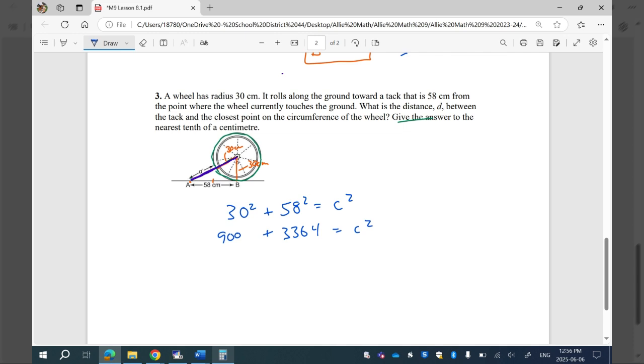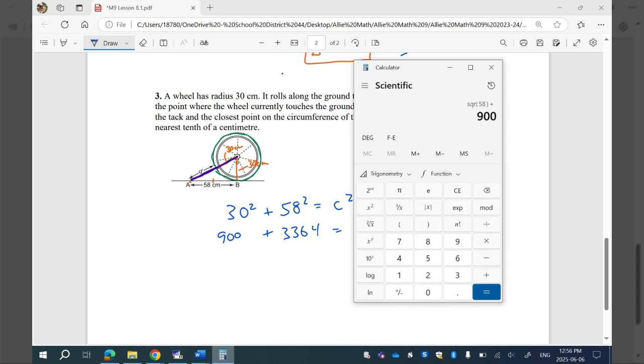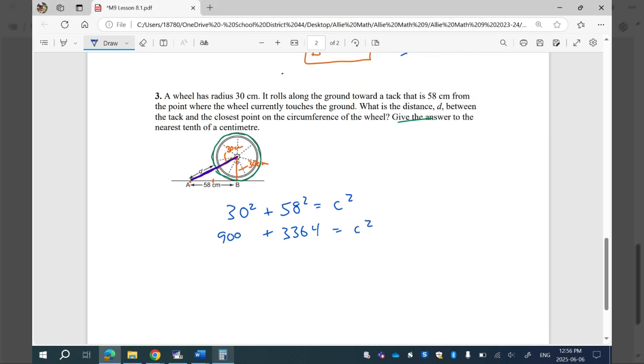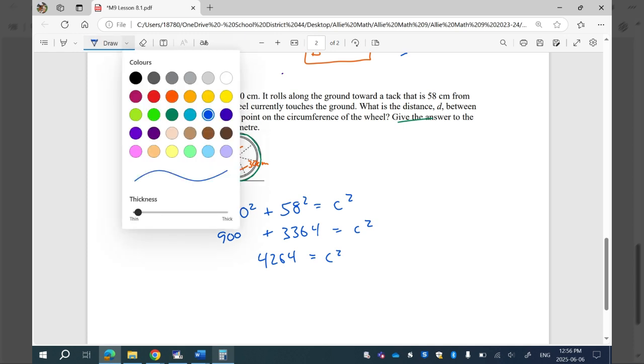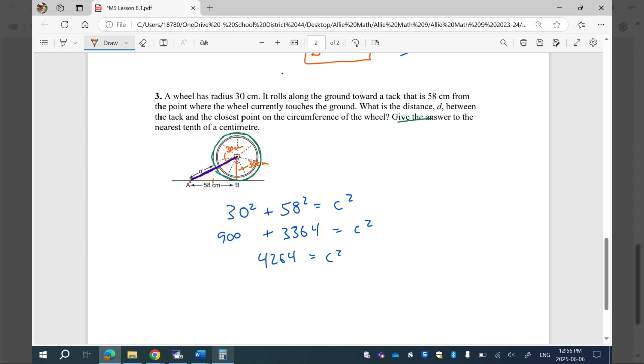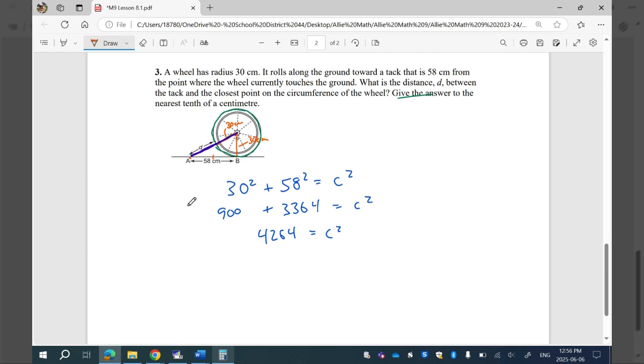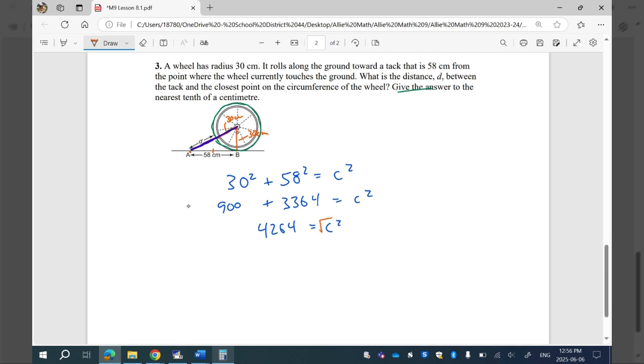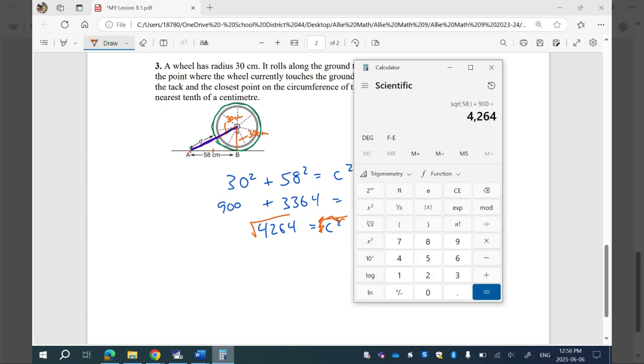Let's add those two together, plus 900. So 4264 equals c squared. And often the last step in solving a question with the Pythagorean theorem is we need to take the square root of each side. That's going to cancel that guy out, and we'll be left with c equals the square root of 4264.